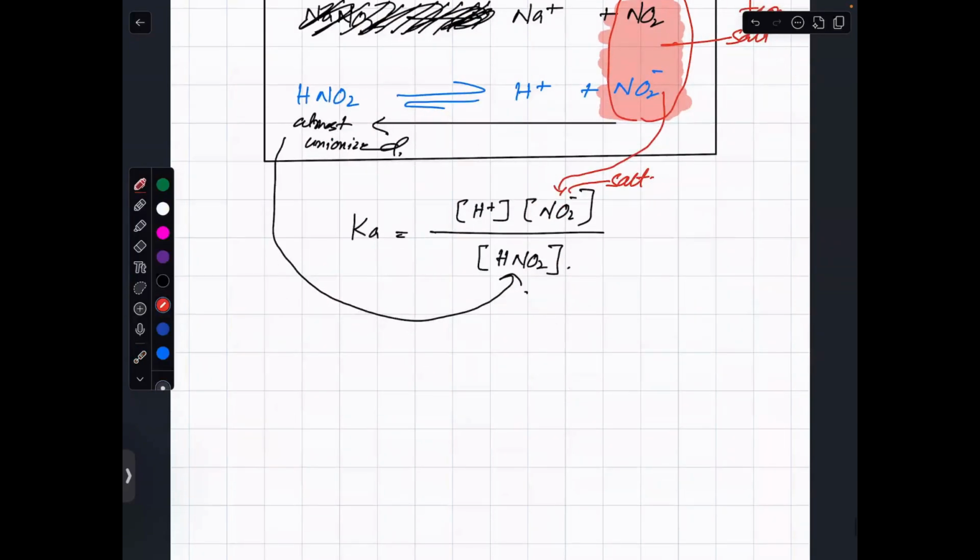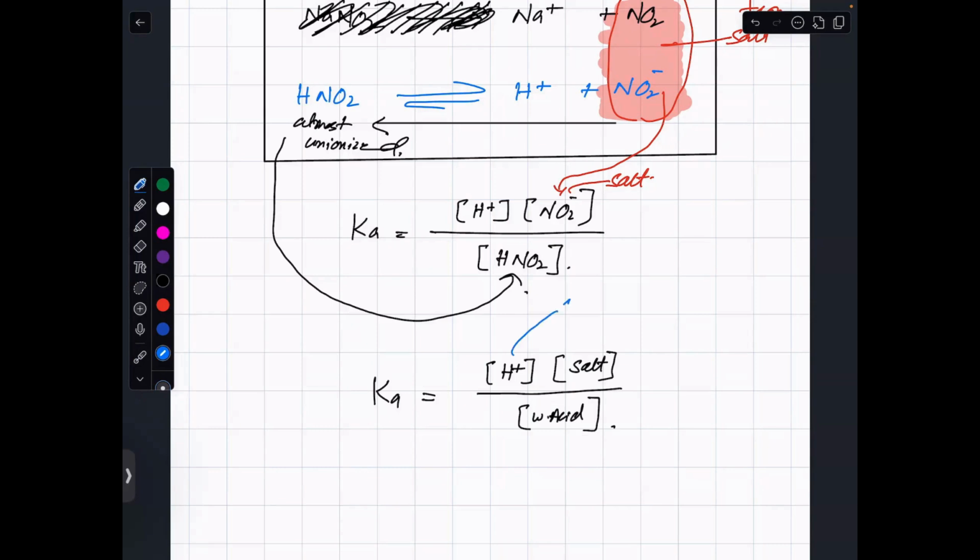So what I did, see, Ka is equal to H plus. Instead of this, I'm writing salt. And this is weak acid.